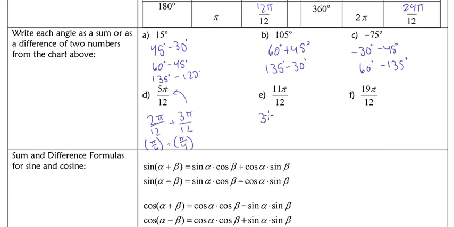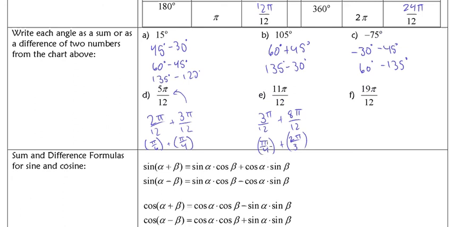Let's do 3 twelfths pi plus 8 twelfths pi, which in terms of the ones that we're familiar with is pi over 4 plus 2 pi over 3. So you do know these measures already.